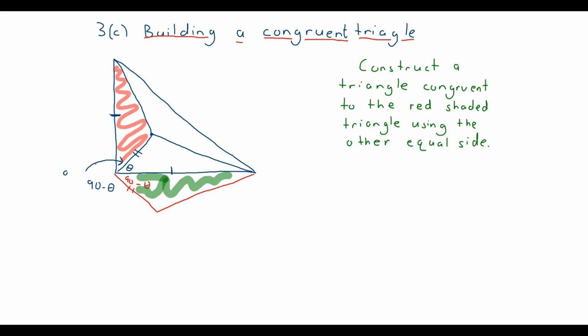Notice it's not actually congruent to this one here because that's got a theta and not a 90 minus theta between the two sides. And as a bonus observation, you may or may not have noticed, that's the right angle because you've got theta and 90 minus theta.